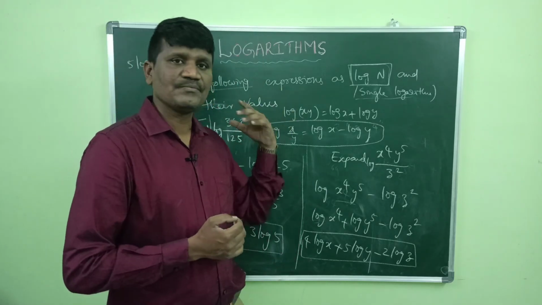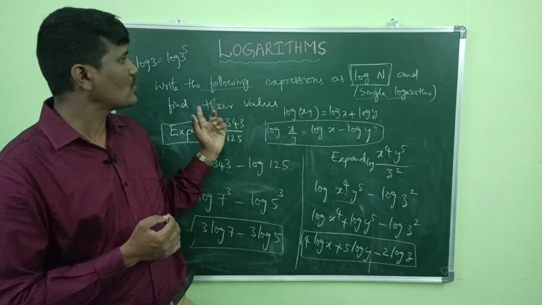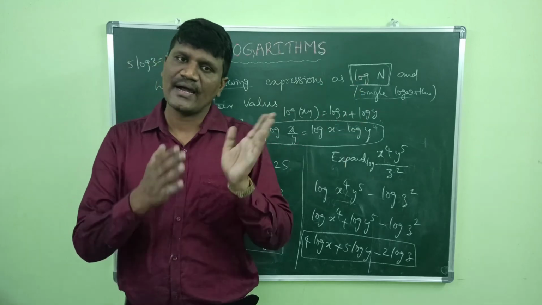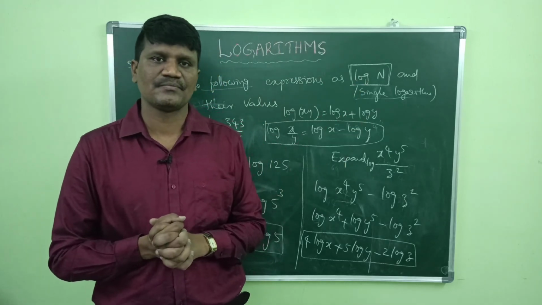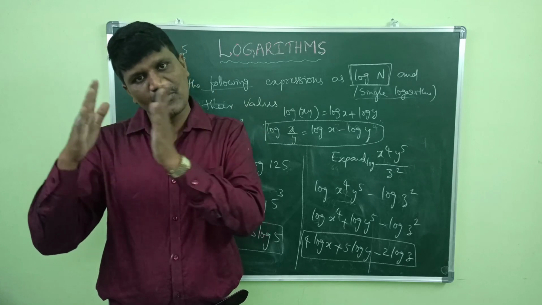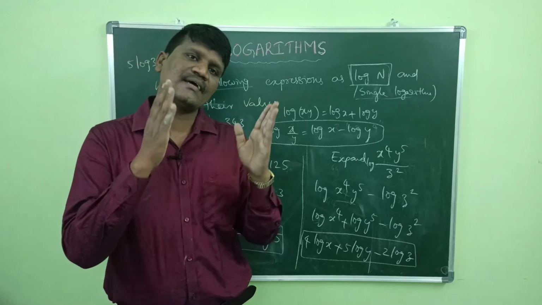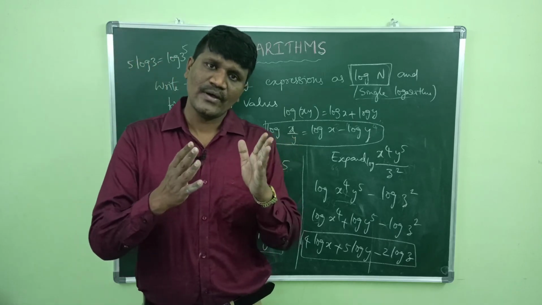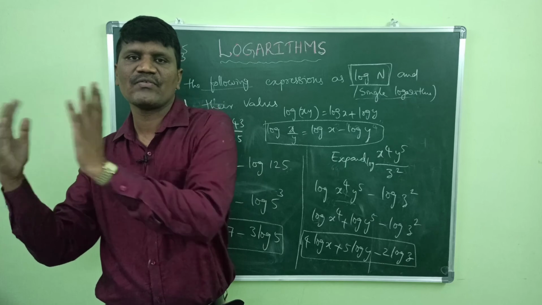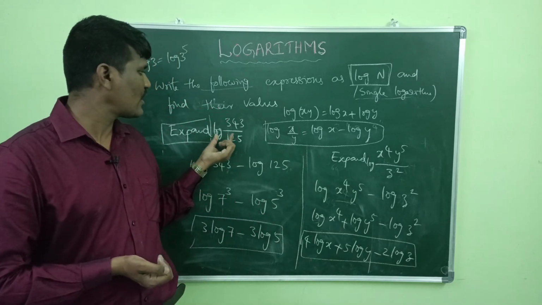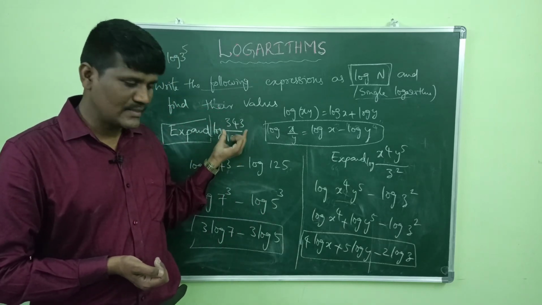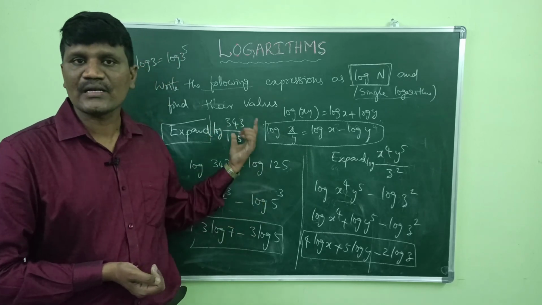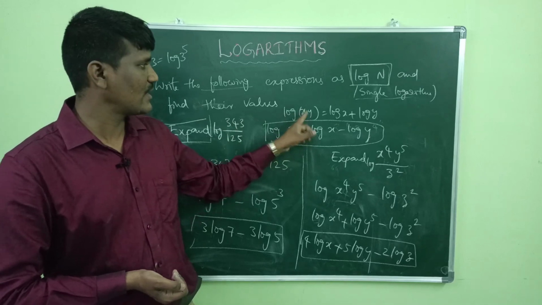We have also seen how to convert multiple logarithms into a single logarithm, and a single logarithm into multiple logarithms. If multiple logarithms are there, convert into a single logarithm by using either the product rule, power rule or division rule. The question may also be to expand, for example, log 343 by 125, which we did using the power rule, the log x by y rule and the log xy rule.